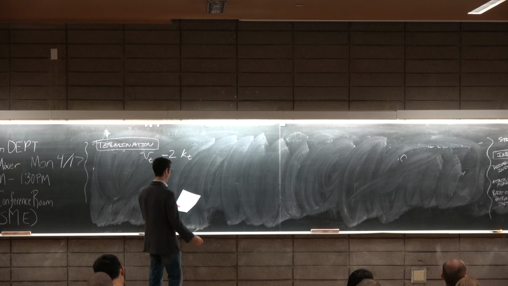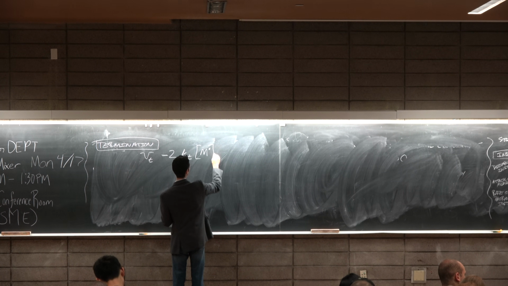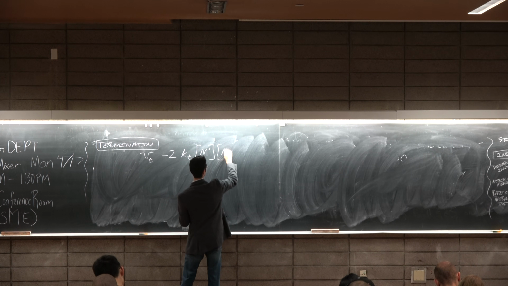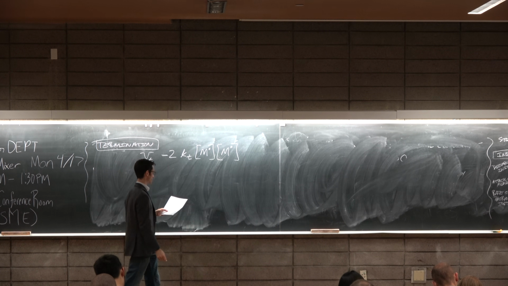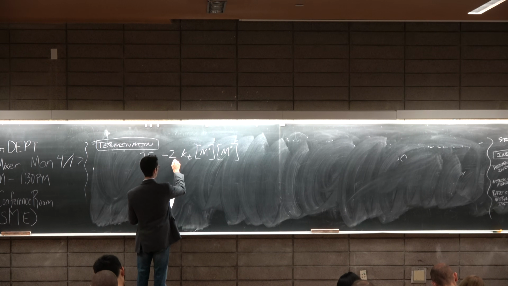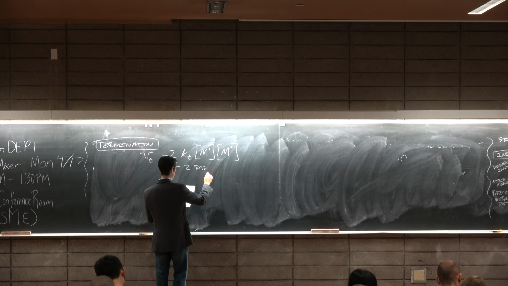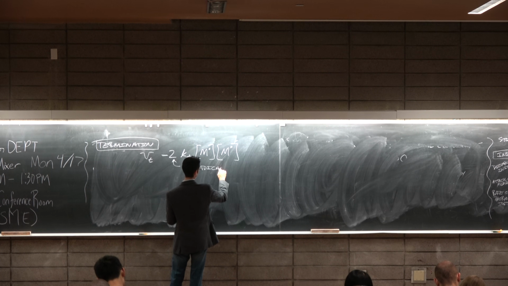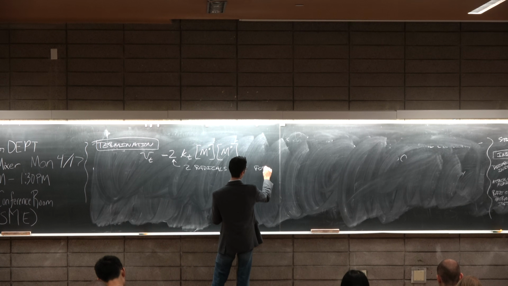This is the termination rate constant times the concentration of the growing chain ends, and we have a 2 here because 2 radicals are lost for each termination step.